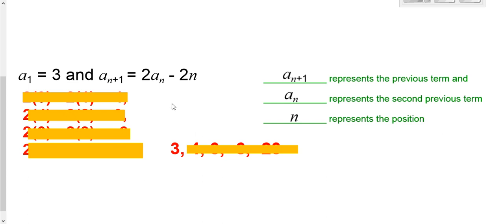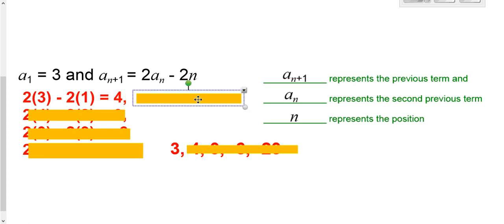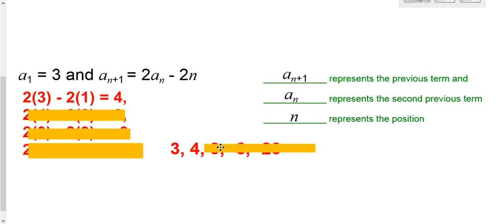Then I'm going to follow my rule. 2 times my previous term. Well, to get to my second term, my previous term was 3. So I'll go 2 times 3 minus 2 times the position of that previous term. The position of this previous term is the first position because it's 1. And so then I get 4. So my second term is 4.